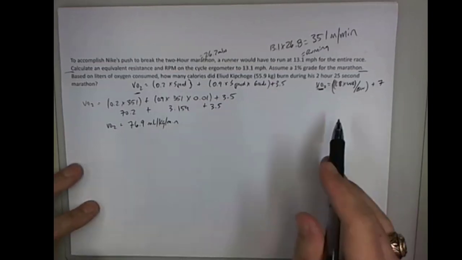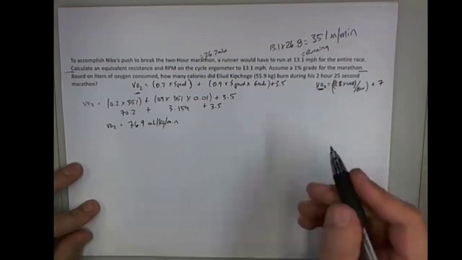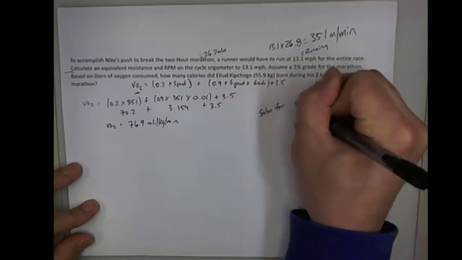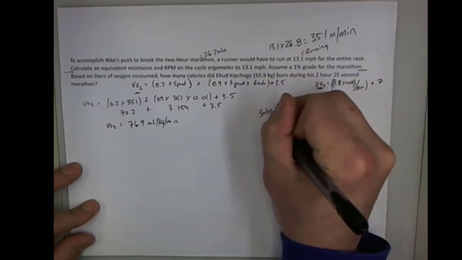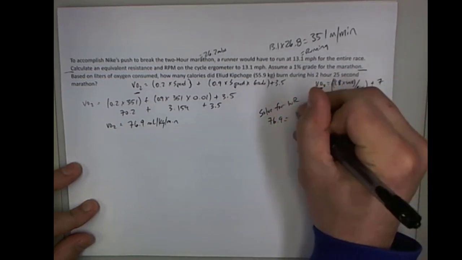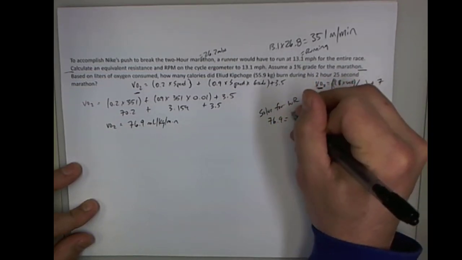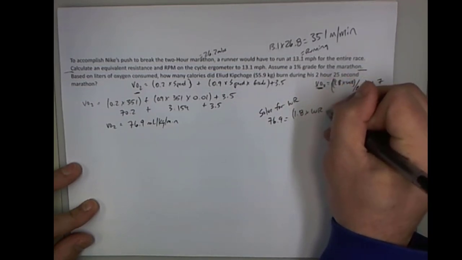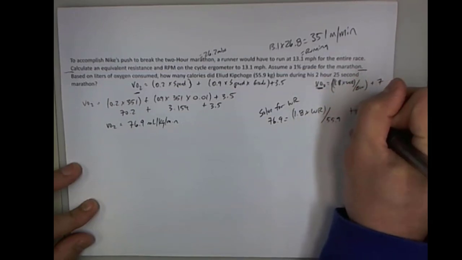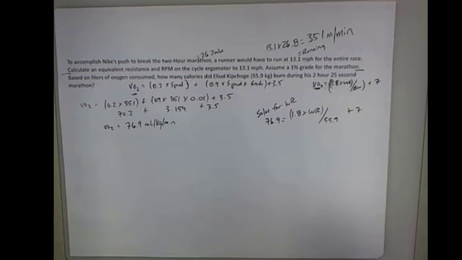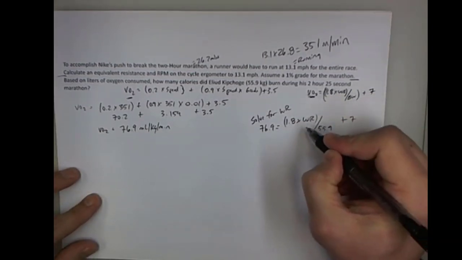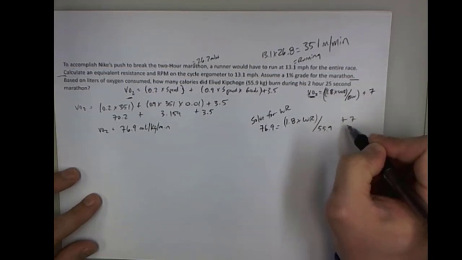Now we need to, of course, calculate this into our cycling equation to solve for work rate. So here we're going to solve for work rate. Our VO2, 76.9, is equal to 1.8 times our work rate divided by our body weight, which we have in the question, which is 55.9, plus 7. I'll note up here I drew parentheses just to make sure that we do that division before we add 7.